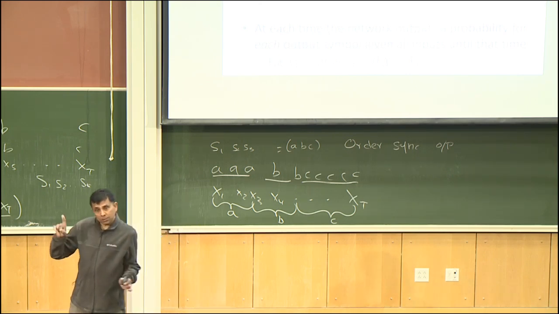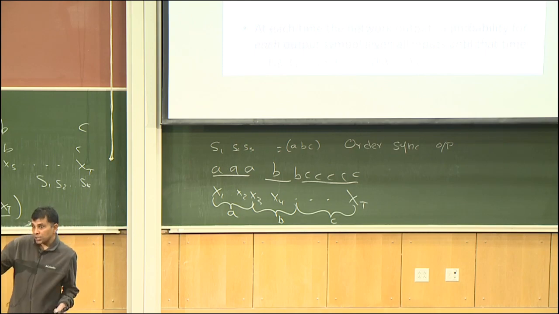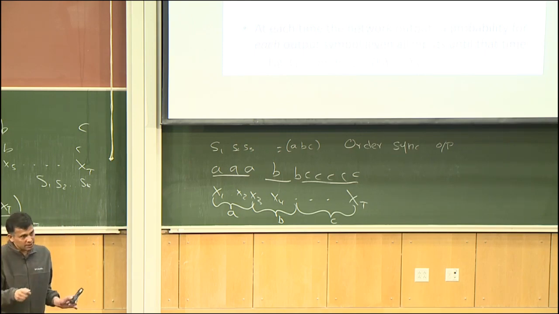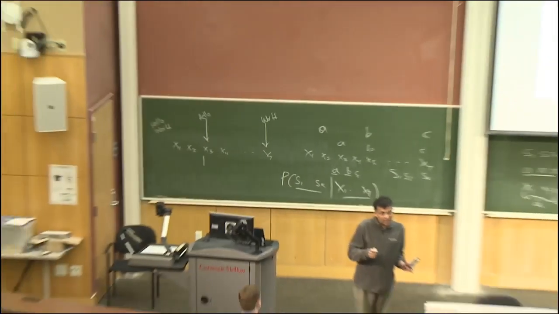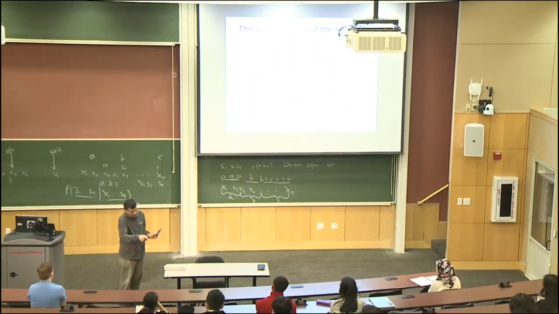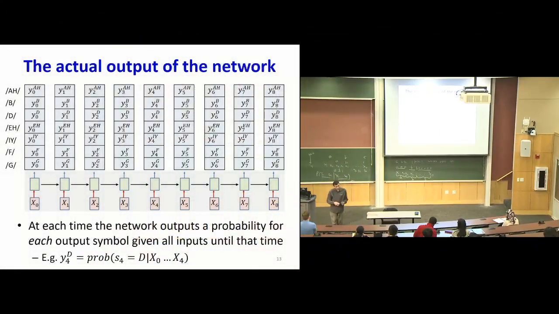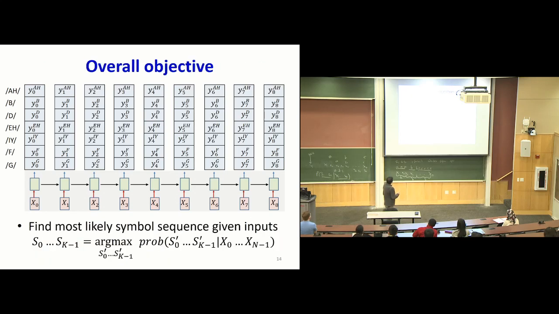You notice the difference between the alignment and the symbol sequence itself. The symbol sequence itself says this is just ABC. The alignment says A occurred from here to here, B occurred from here to here, and C occurred from here to here. Okay? What we would like to do is to produce the symbol sequence that is most probable. Right? This is hard.